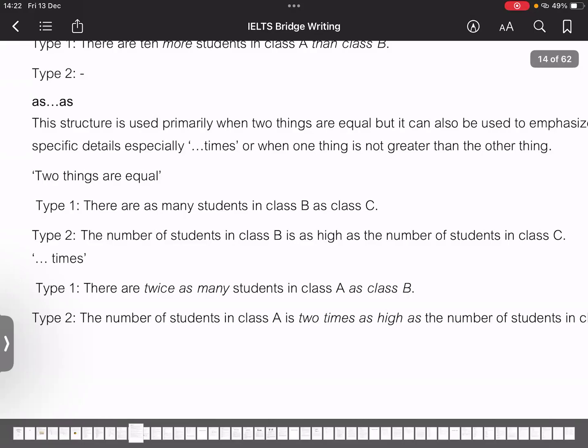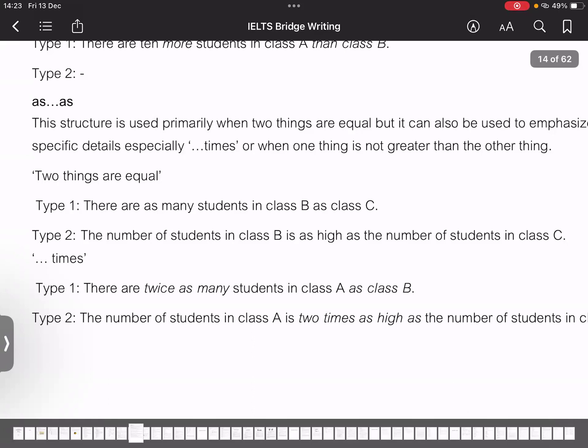Okay, but let's first try to understand the grammar behind as. So the first as is an adverb. Okay, what does an adverb do in English? It can describe an adjective, or it can describe an adverb. So when you modify any adjective or adverb with the first as, it simply adds a meaning to your combination.